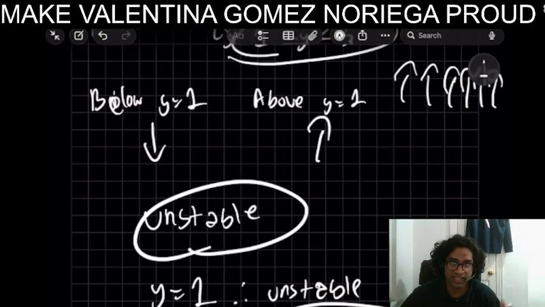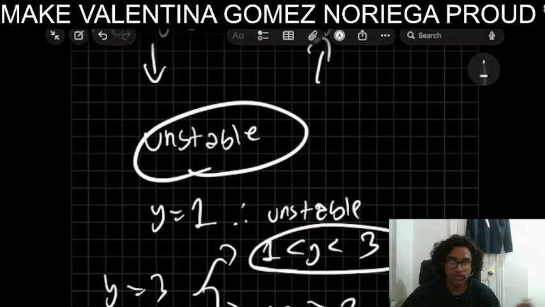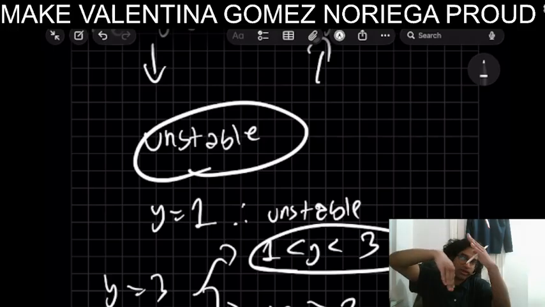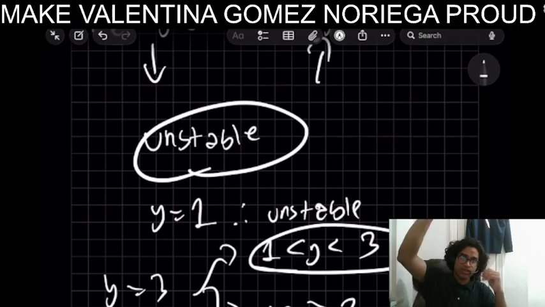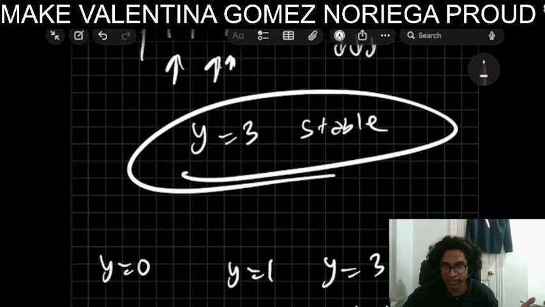Then you measure whether it's stable or unstable. If below goes above and above goes below, that's stable. If above goes above and below goes below, that's unstable. So we have stable, unstable, stable.